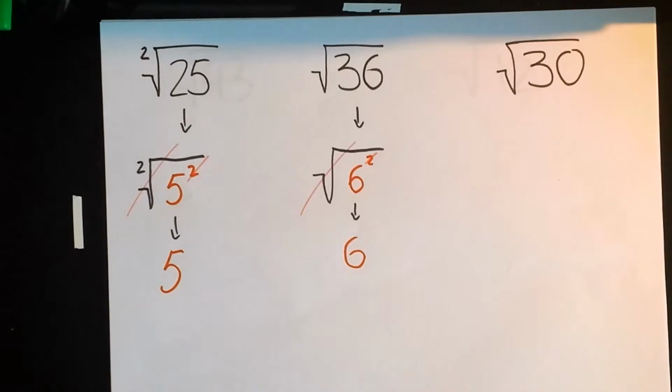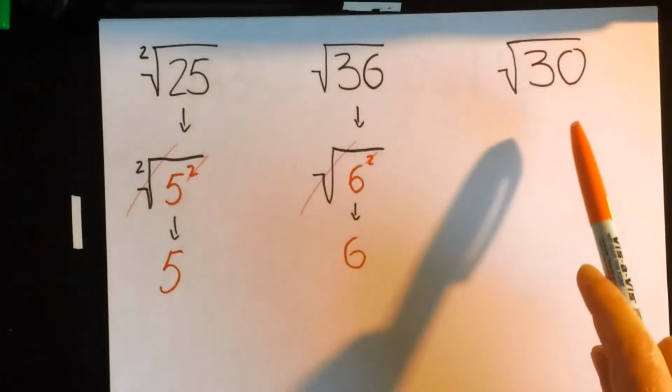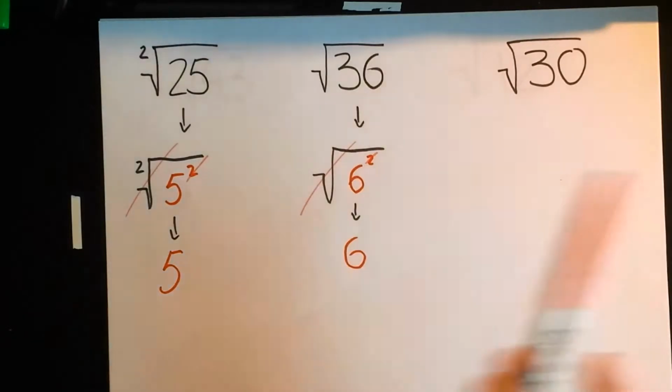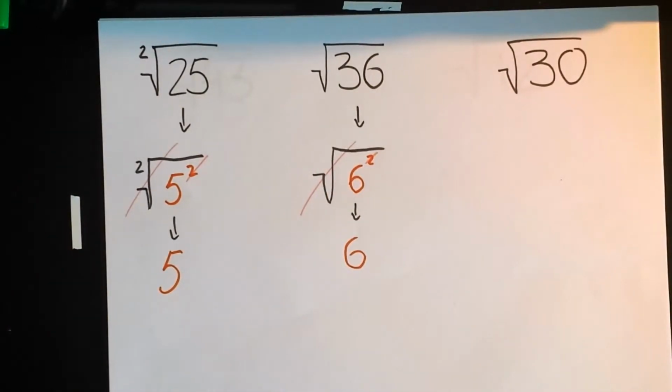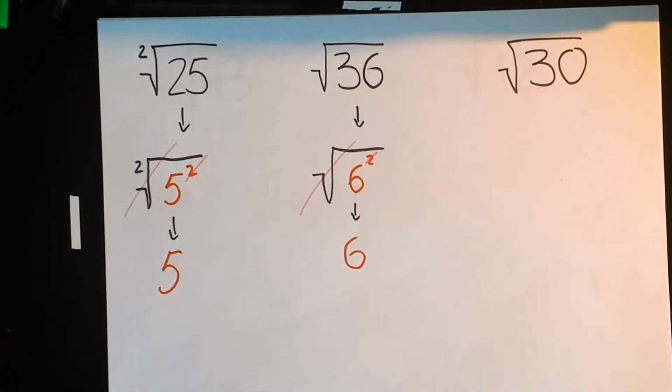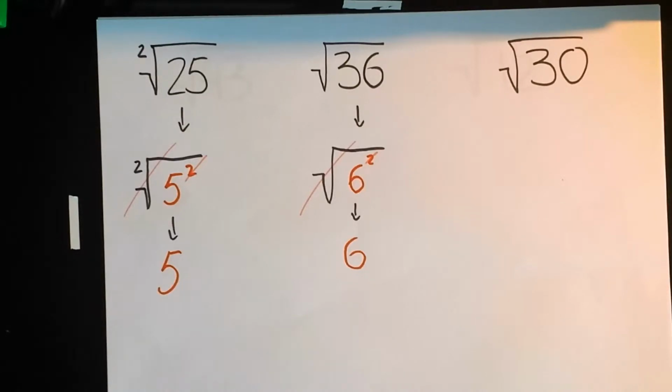Well, you can estimate. You can estimate what would be a possible answer for this. And the way we do that is we first look at what are the two closest perfect squares to 30. I conveniently gave you the closest two perfect squares right there on the same page. 25 and 36 are the closest two perfect squares to 30. 25 is the closest smaller perfect square, and 36 is the closest larger perfect square.